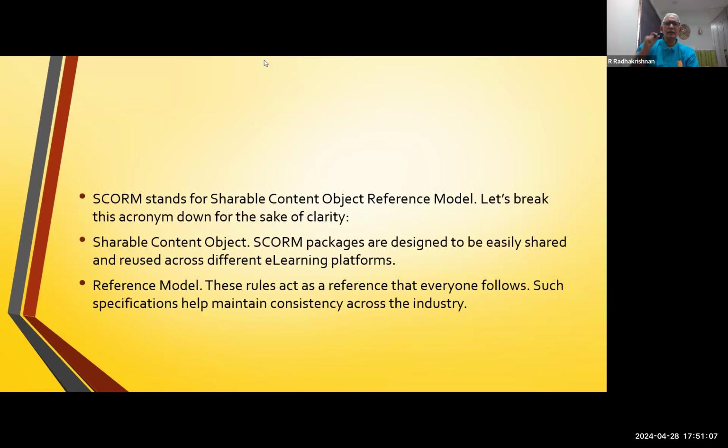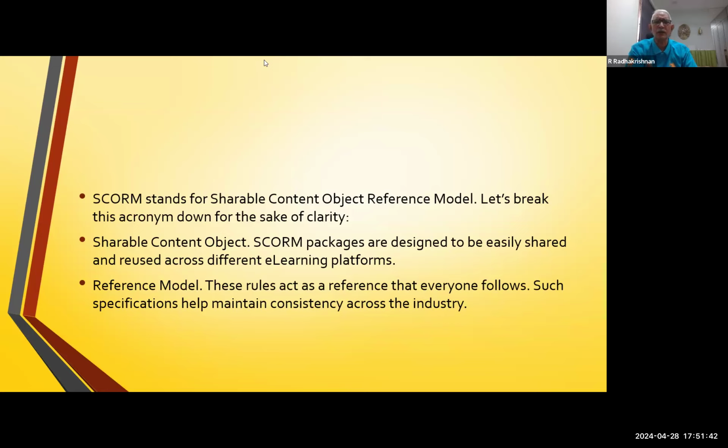Now, when you talk about shareable content object, I am selling my program to company A, which is having a learning management system A. Then the same leadership program, I am selling it to company B, which is having a LMS B. I can say that I have developed a SCORM compliant leadership e-learning course that can be utilized by company A, company B, company C, company D, which are having different learning management systems in their companies. So that is called a shareable content object.